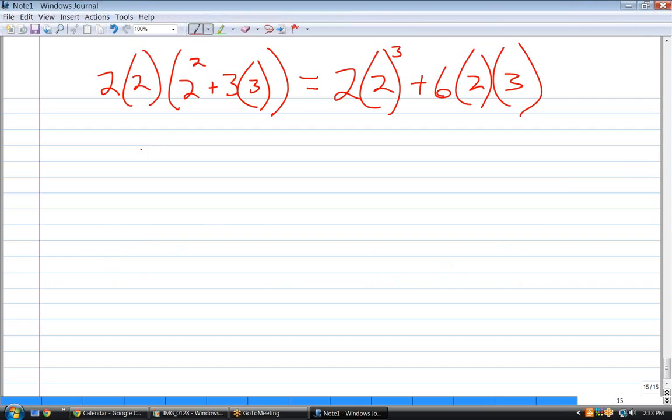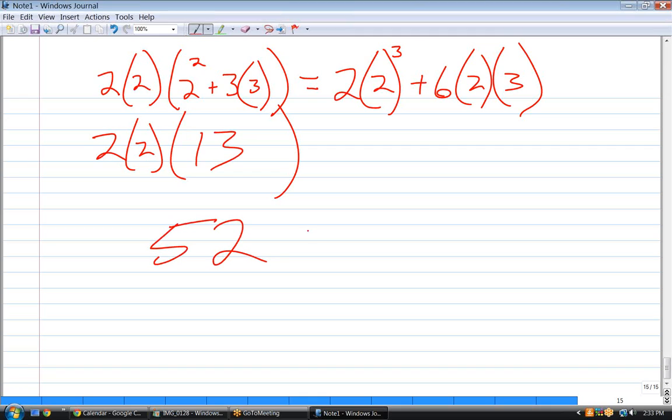What do we get on the left here? Let's do inside the parentheses first. What's this going to be? 4 plus 9. So we have 4 times 13, so we get 52 on the left. What do we get on the right? We get 12 for the first one. Okay, 2 cubed. What's 2 cubed?